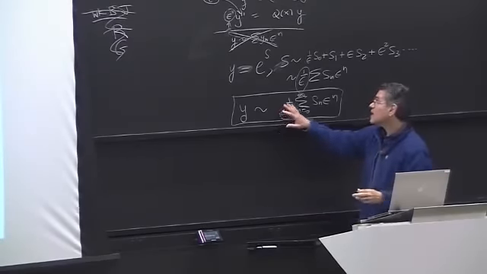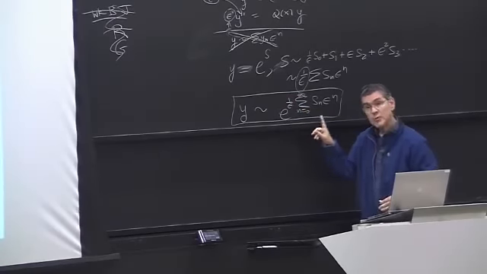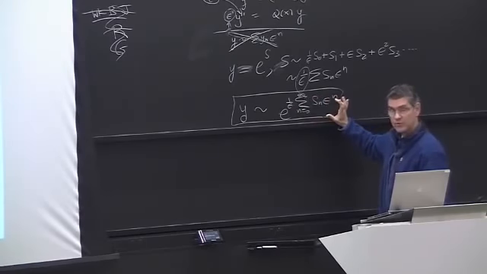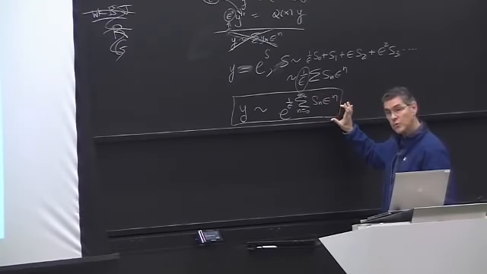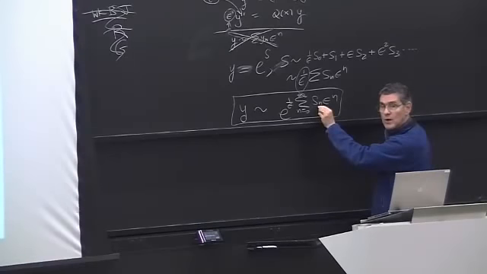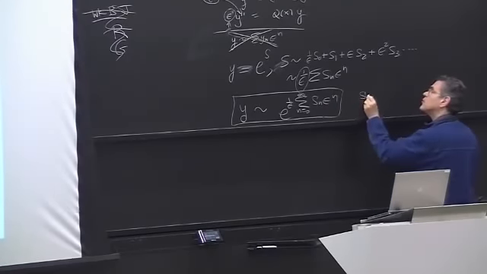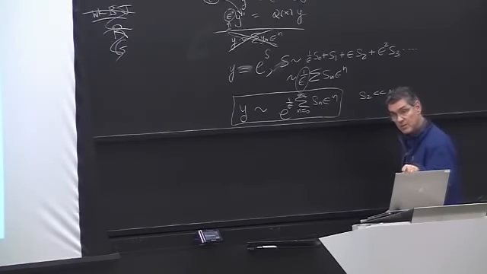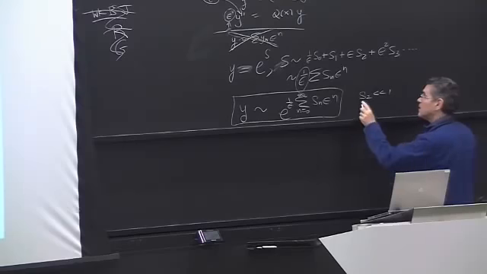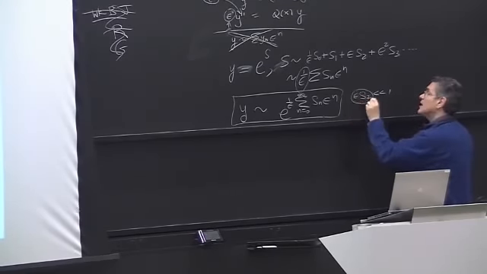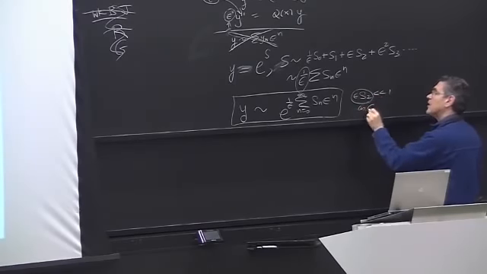So I begin my analysis by assuming that this is the structure of the answer. I'm going to try finding a series of this form, and I'm going to show you that it's valid. That is, I'm going to show you that epsilon S2 is negligible compared with 1. We don't see that yet, but we have to show that. That is the S2 term, epsilon S2, is negligible compared with 1 as epsilon goes to 0.